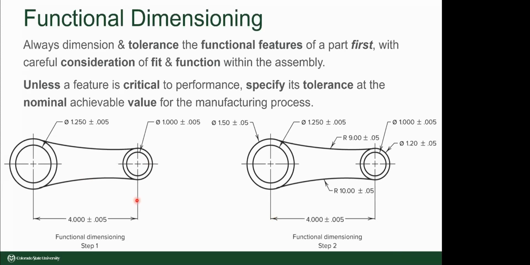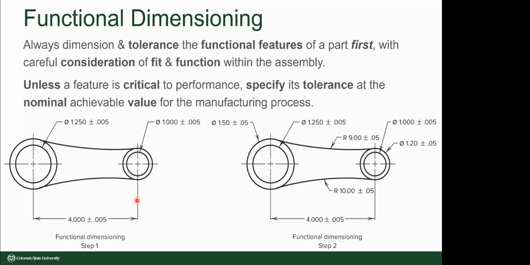With any design, we must first identify the functional features of each part. The functional features are typically those that interact or come into contact with other parts. Often these contact points will be dynamic, meaning they're moving during the operation of the product, and therefore they're critical to the product's performance.